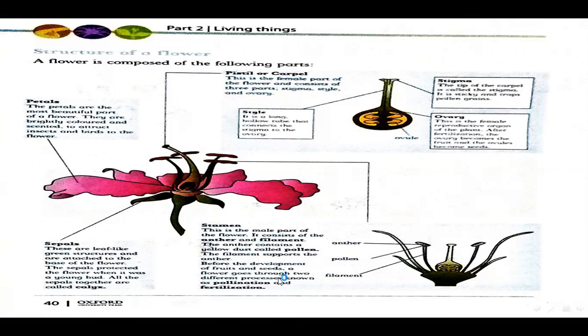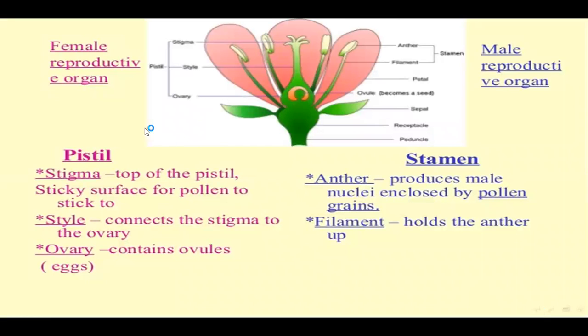So these are the male reproductive organs in plants, and these are the female reproductive organs in plants. Here you see the female reproductive organs: stigma, style and ovary; and the male ones: anther and filament. The stigma is the top of the pistil, a sticky surface for pollen to stick to.